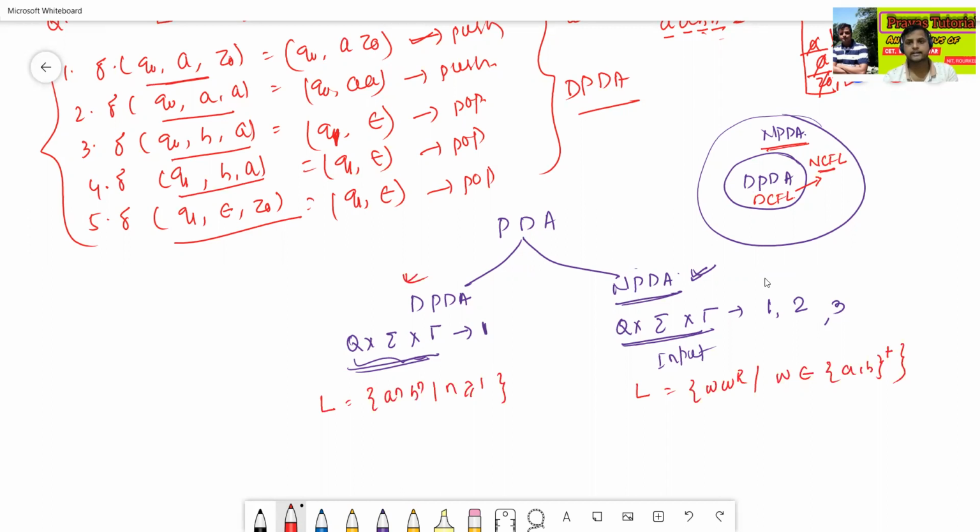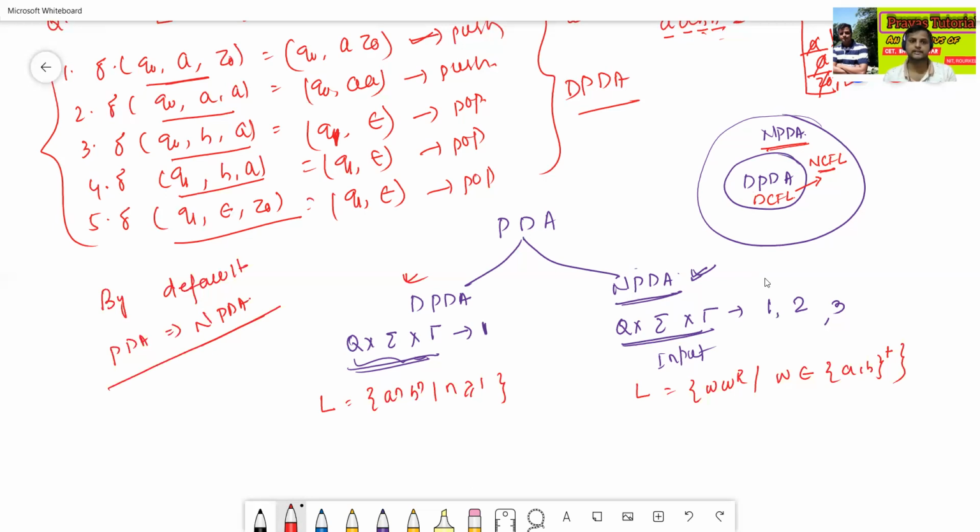Another thing: since every DPDA is an NPDA, by default push-down automata means NPDA, as we have already discussed in the expressive power of automata theory classes.